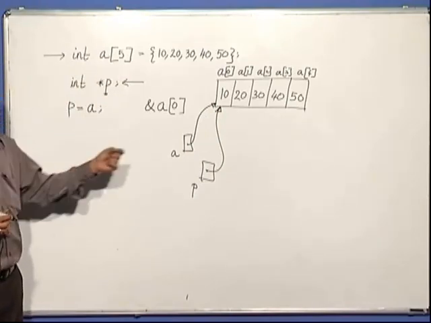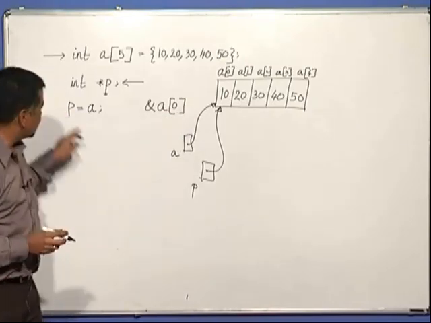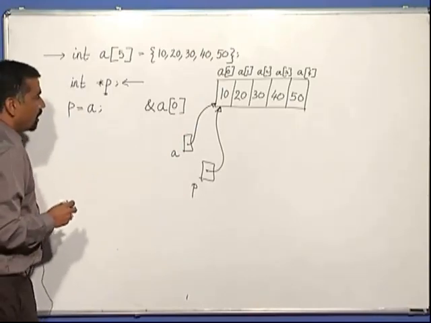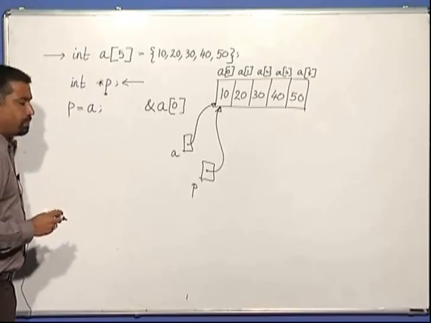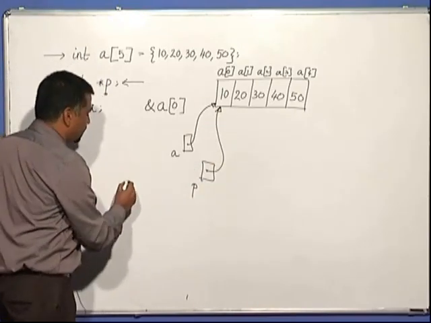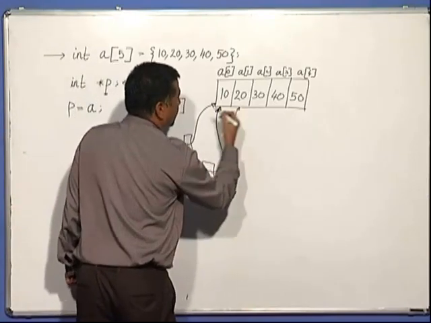Now, I wanted to introduce a small notation here. Once this setup is made, P is pointing to the first element. If I say in my program P plus 1, P plus 1 will refer to the next element.